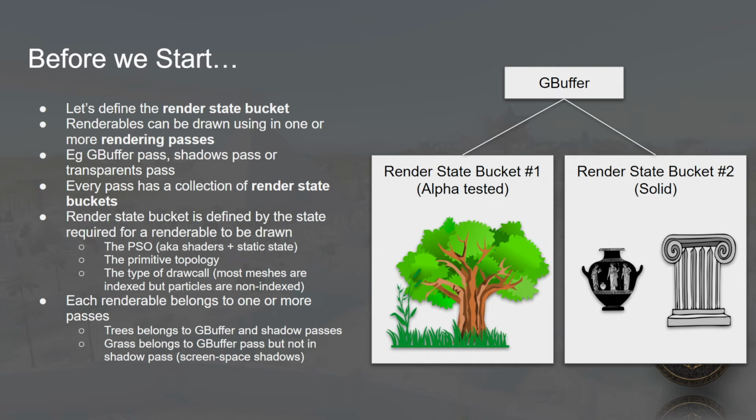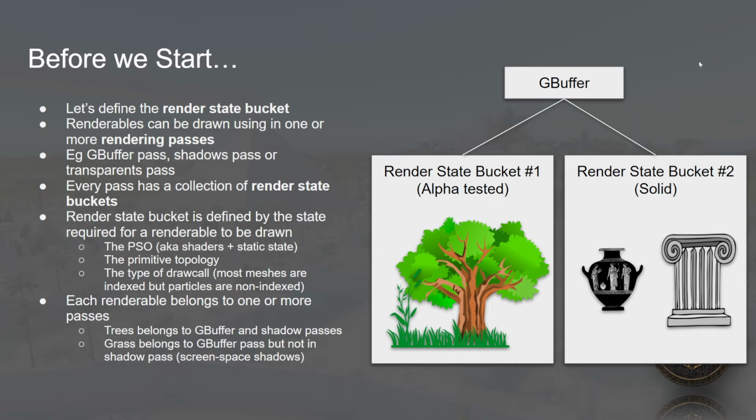Every pass has a collection of render state packets. The render state packet essentially defines the graphics state that the renderable objects require. This render state includes the shaders and some extra information like the primitive topology and if it's an indexed draw or not, because particles, for example, are non-indexed.